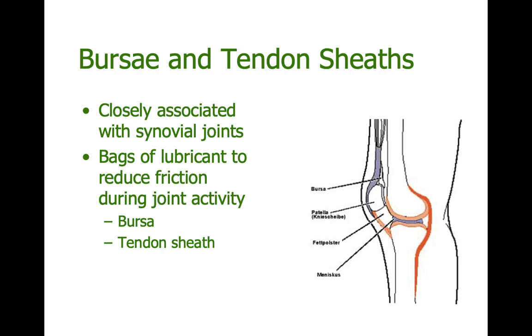If you envision your tendon as that fibrous rope being dragged across bone over years and years, you're going to end up breaking those fibers. We don't want that to happen, so we wrap a tendon sheath around it to protect our fibers from getting damaged by wearing and tearing on the bone.